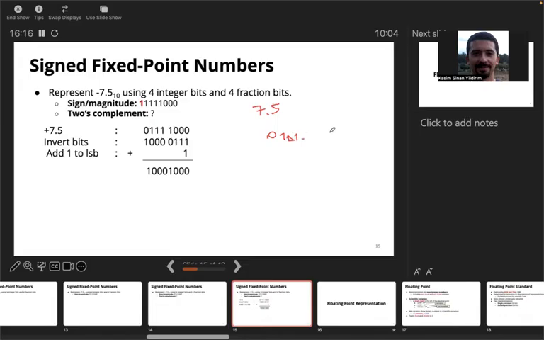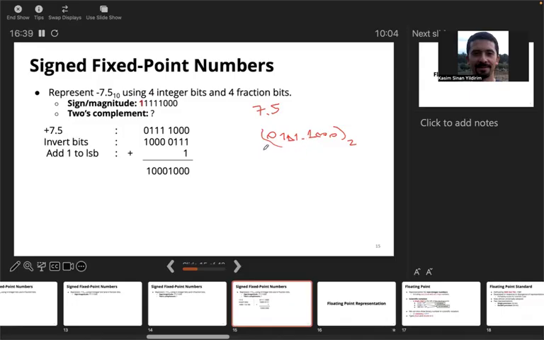Point. What is 0.5? I can put a 1 here, right? 0, 0, and 0. Sorry for my handwriting. So this is positive 7.5 in fixed point representation.